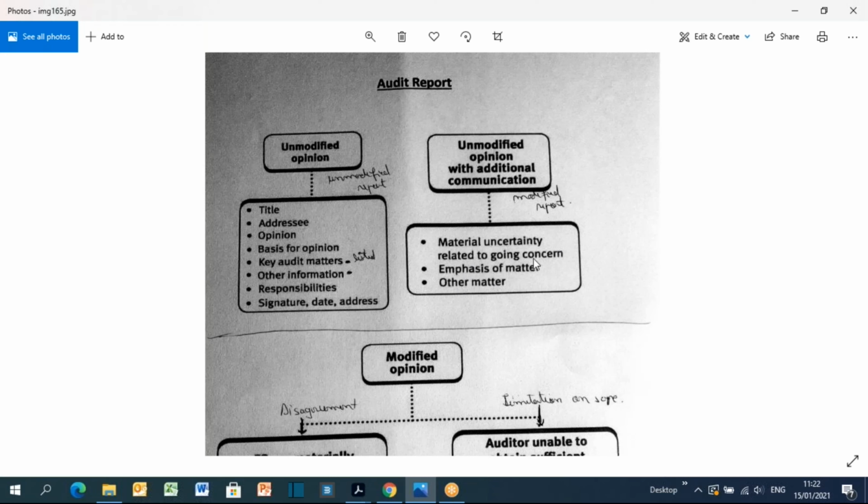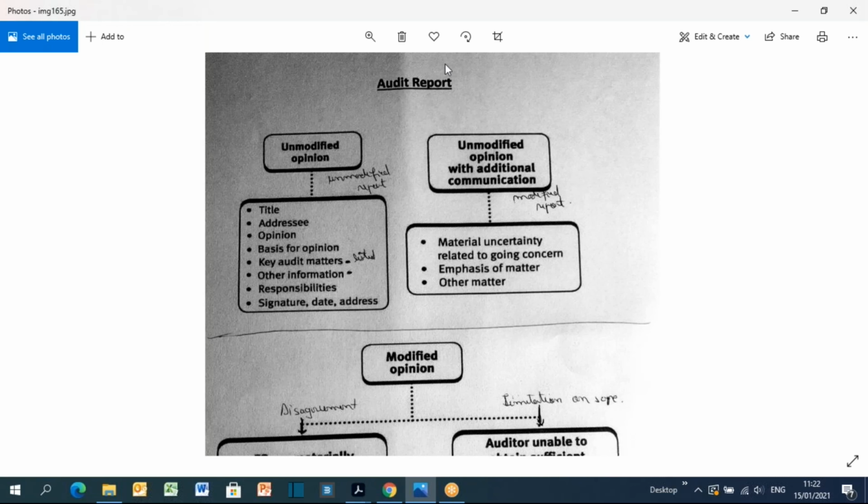By including these paragraphs, the audit report will become modified. It will only become modified once these 3 are included, but the opinion will still be unmodified, because we're not talking about the opinion on the financial statements, whether they are true and fair, whether they are misstated. We're talking about the report.